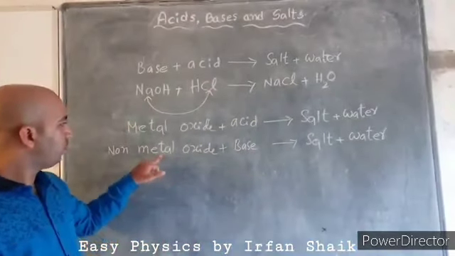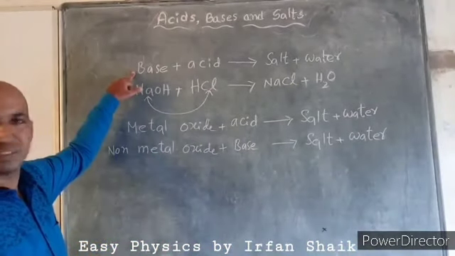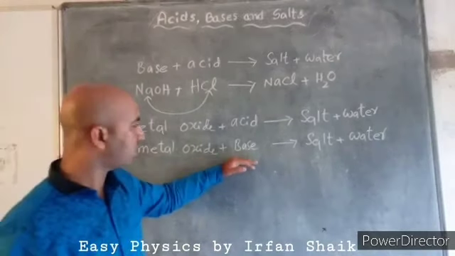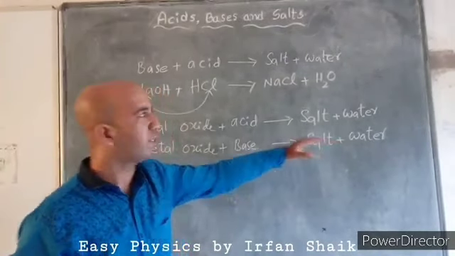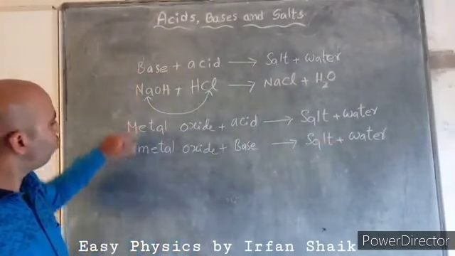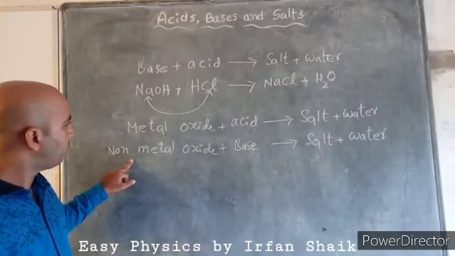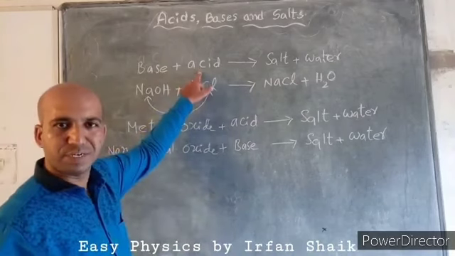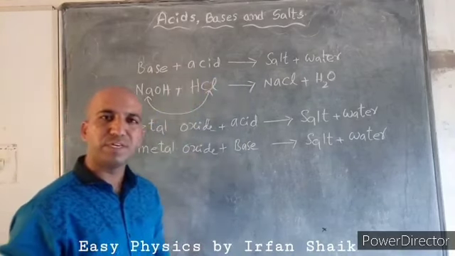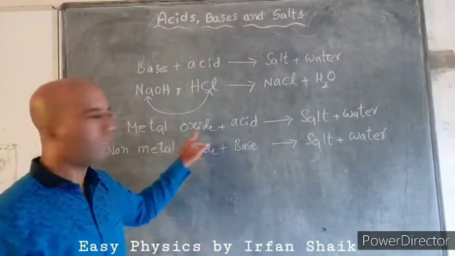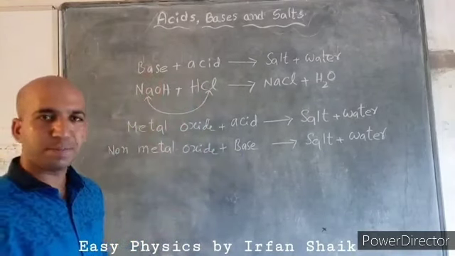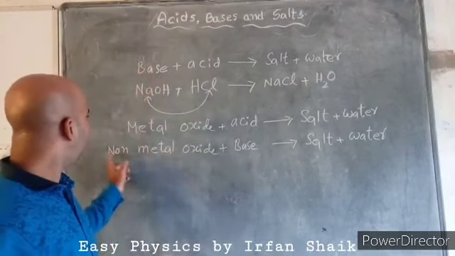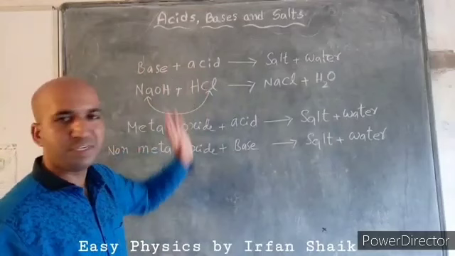Observe this reaction and this reaction. Here, the reaction between non-metallic oxide and a base forms salt and water. By observing these two chemical equations, we can say that the nature of the non-metallic oxide is acidic. So metallic oxides are basic in nature and non-metallic oxides are acidic in nature.